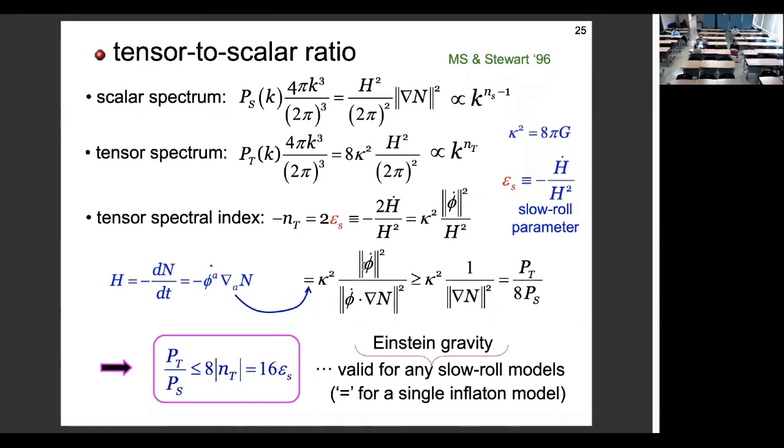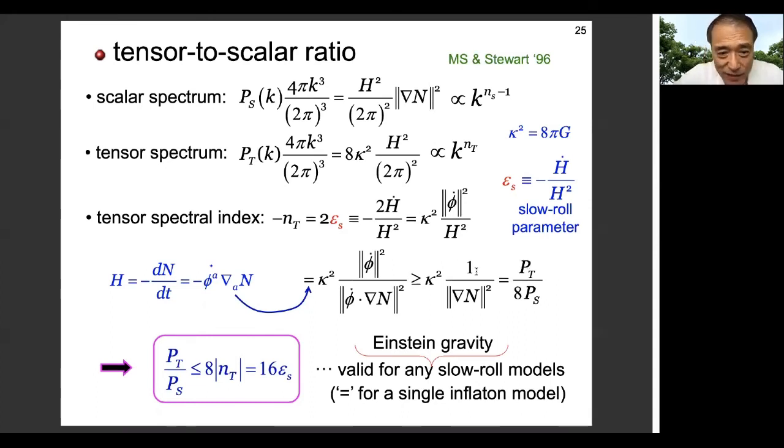Now, taking the current observational data, can you draw any conclusion about the number of scalar fields? Unfortunately, no, because currently we're not seeing any amplitude of tensor perturbations.